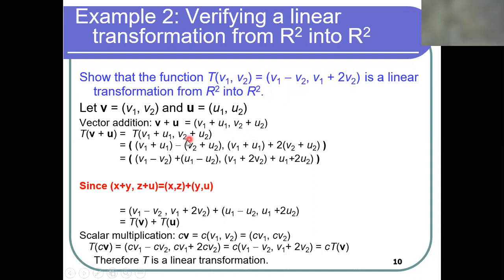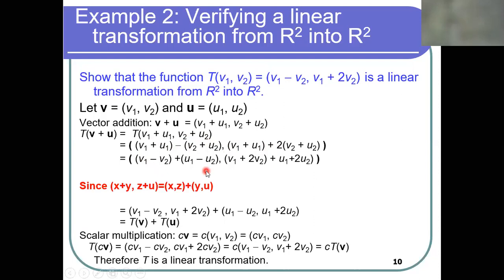Here, this is the first coordinate and this is the second. The first coordinate is subtracted from the second, comma, then first coordinate plus 2 times the second coordinate.